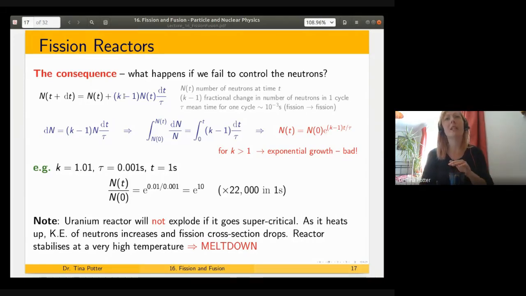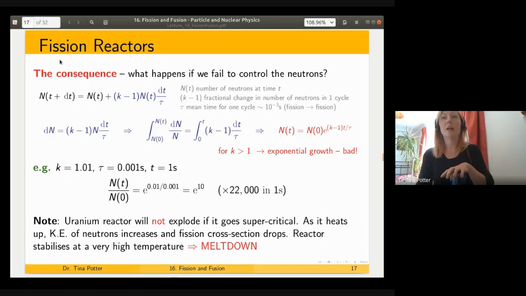So if we've got k equals 1, then we're going to have an increase here of 0, because we're going to keep the number of neutrons around at a particular time as a constant. If we have a k of less than 1, then we're going to see a reduction in the overall number of neutrons. It's going to decrease. And if we have a k larger than 1, obviously our number of neutrons is going to start to increase, and I'll show you that it'll explode.